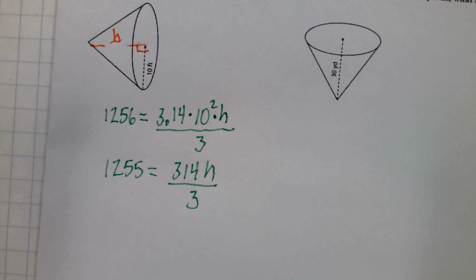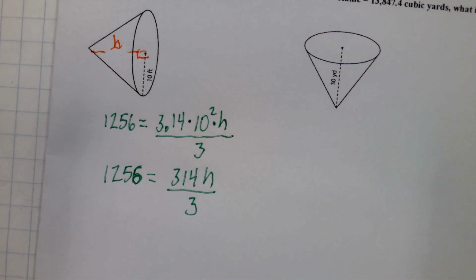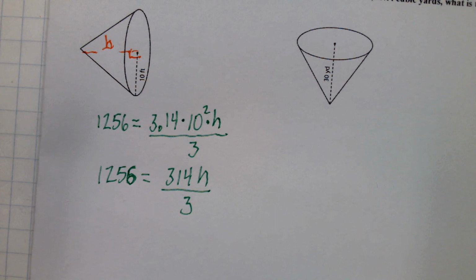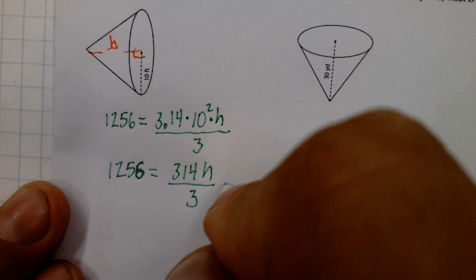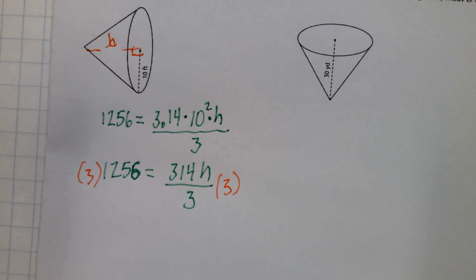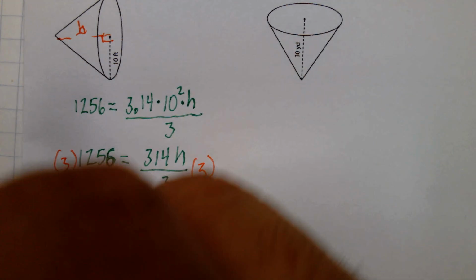Okay. And so we have to solve this very simple equation. 1,256 equals 3.14h divided by 3. All right, what can I do now? I could take out the 3. I could do this in two parts. So 1,256 times 3, 3,768.